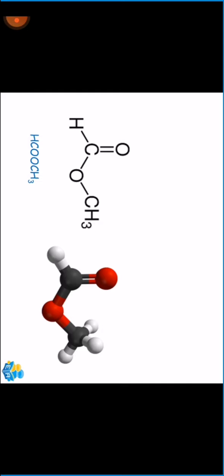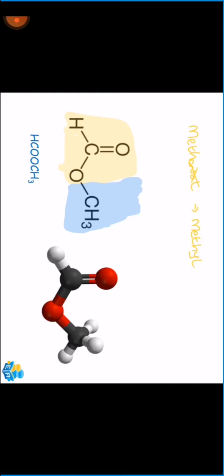So let's try an example of naming an ester. So step 1 is to divide your ester into the part derived from the alcohol and the part derived from your carboxylic acid. So here in the yellow, that is the part derived from the carboxylic acid, and the part here in blue is the part derived from the alcohol. So I can clearly see that the alcohol was methanol, but I know that we remove the anol and add yl, so it's methyl.